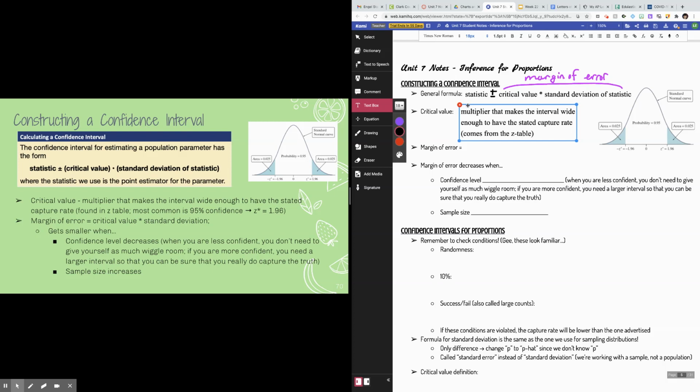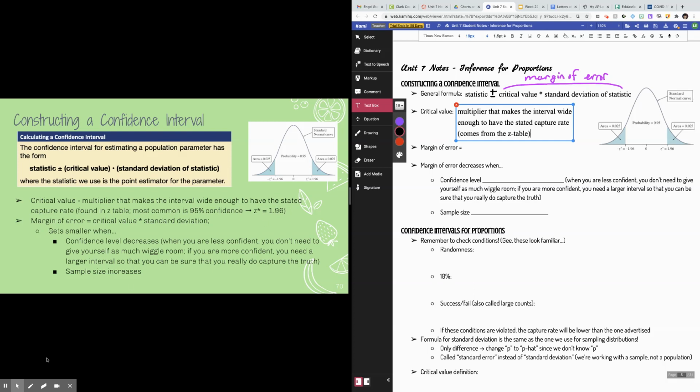Okay? So a little bit more specifically, the z-value, or the critical value, usually for proportions, is called a z-star value. You have to find the z-score that would capture the middle, insert confidence level here, of your data.